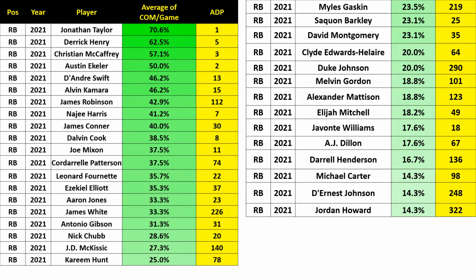See what's going on. I was just in a draft 10 minutes ago, and my choice was Ezekiel Elliott, who was 35% median score versus Montgomery at 23%.